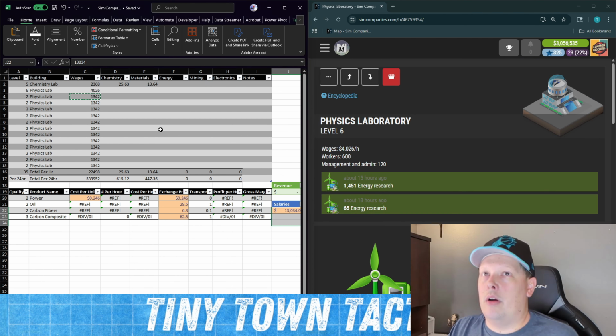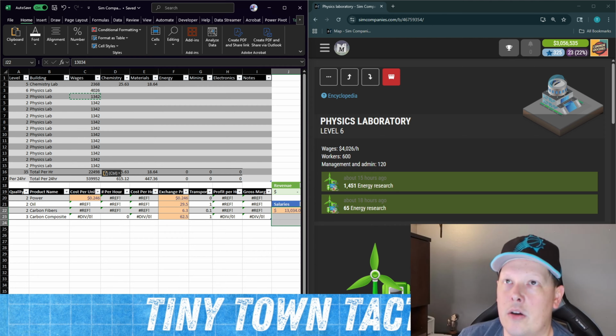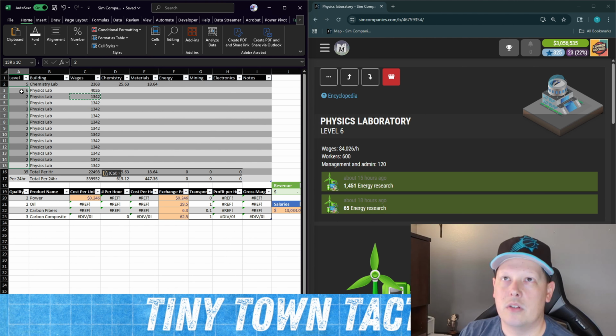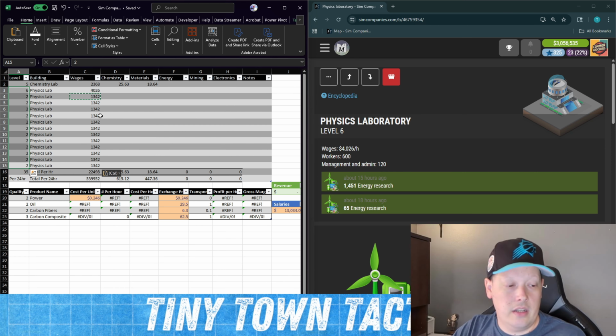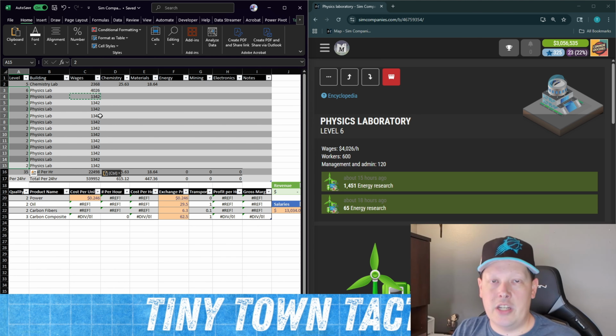Up on our big physics lab, let's just say, for the sake of everything, we have 30 levels. We're going to try and do 10 levels of each type of research on the physics labs, just for calculation's sake.